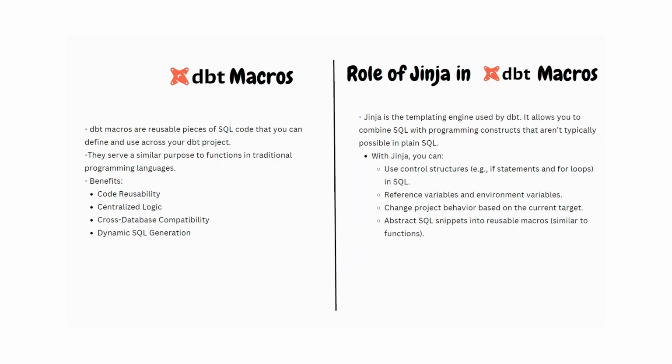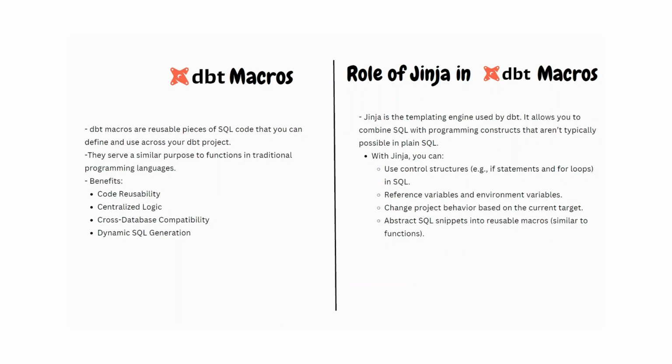So basically, any piece of code which we want to use again and again, we can write in macros. Macros allow us to abstract that logic into a reusable component, which makes our models in dbt more maintainable and readable. So we don't have to write the same piece of code in every model. That's why it makes models more readable and maintainable.